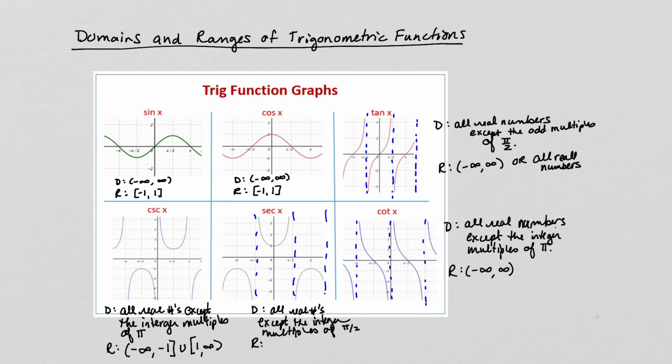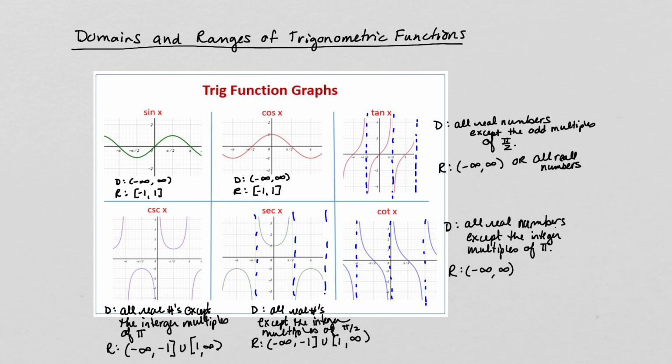And the range is going to be the same as the range on the cosecant. So it's going to be minus infinity to -1 union 1 to infinity.